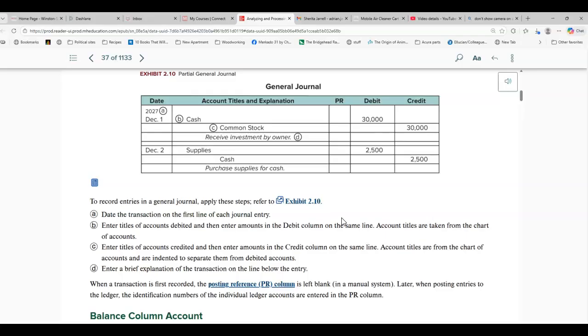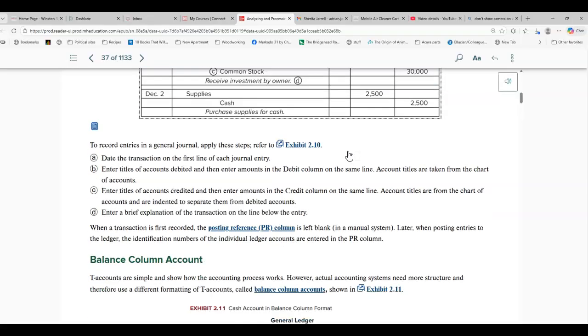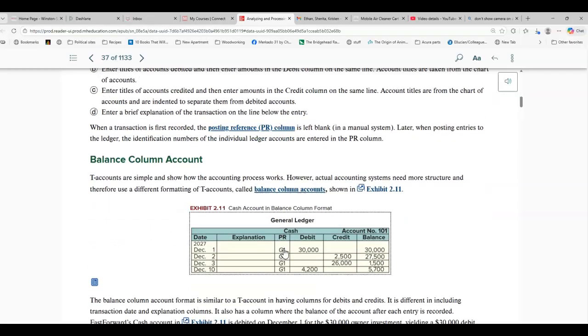So what you're going to do, if I post something to cash, I'm going to put the account number in this column. So cash is account number 101. After I post this number to the ledger, I'd put a 101 there, and then I would put the page and the journal that this came from here in the general ledger, so I can trace back and forth.